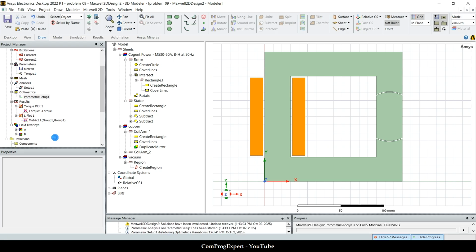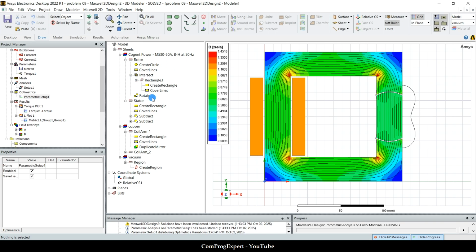Because I did intersection and generated this geometry, the geometry generation in ANSYS Maxwell is history based. You can see operations in this tree. We should do the rotation as the last geometrical operation that we have.